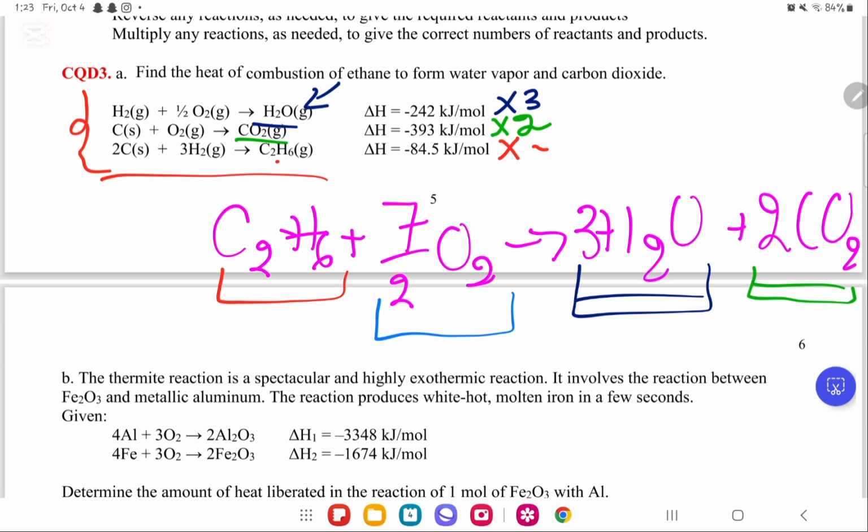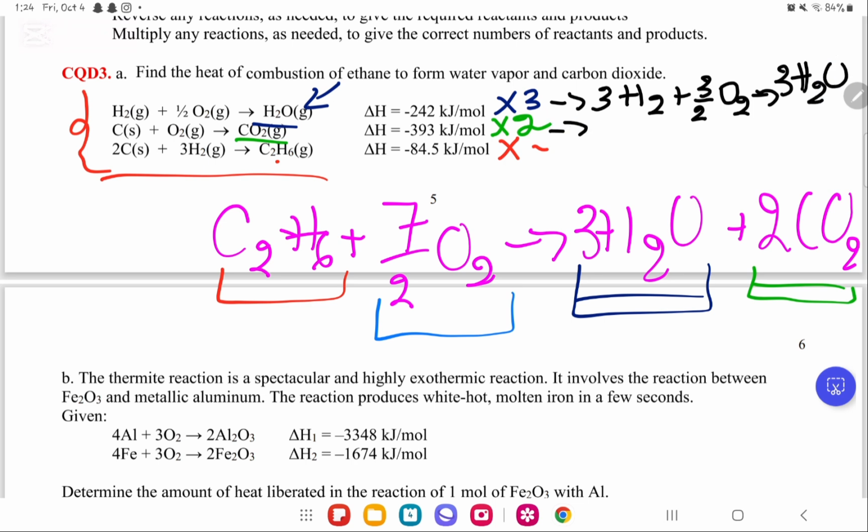Now let us write the final equations. For this one, it's gonna be 3H2 plus 3 over 2 O2 gives us 3H2O.